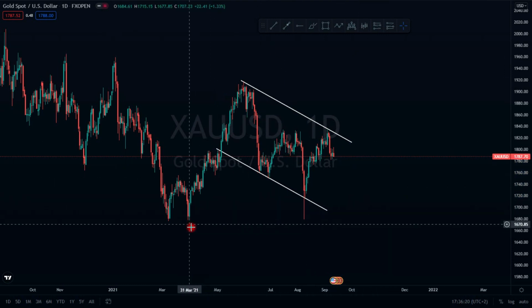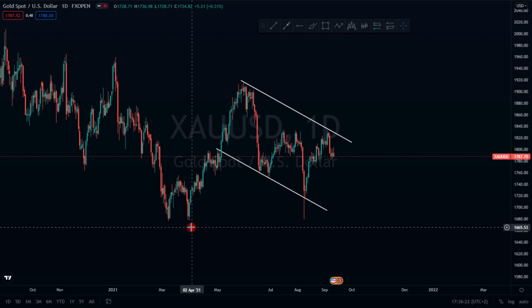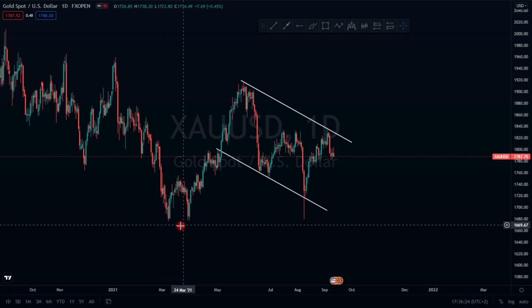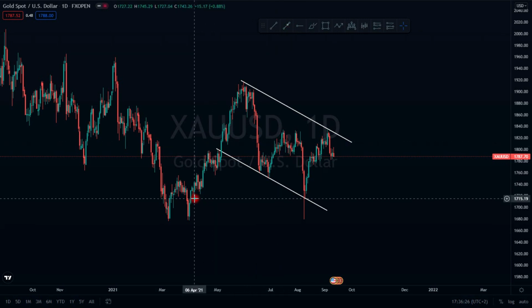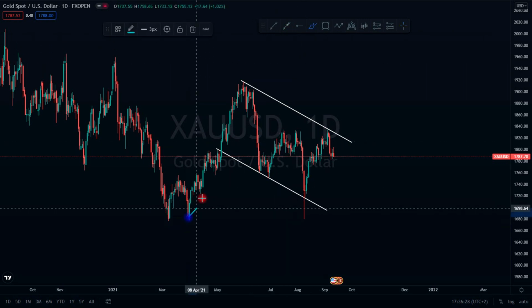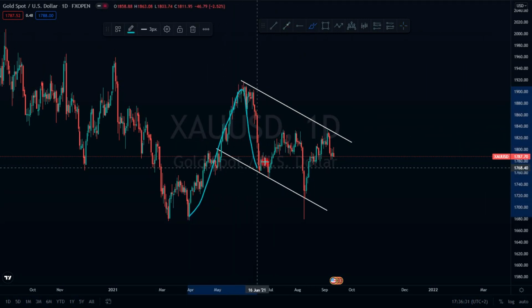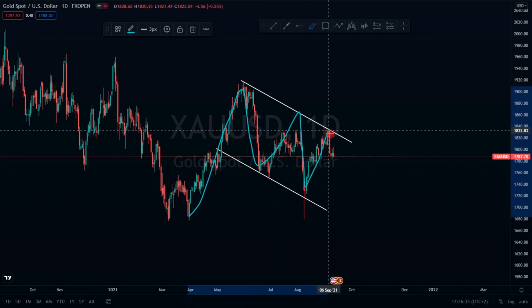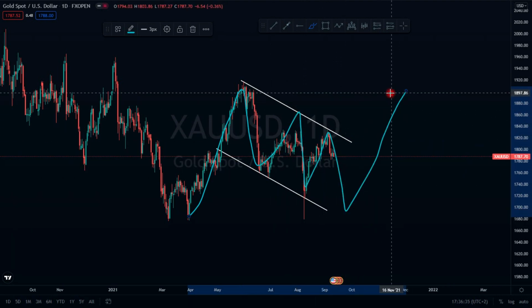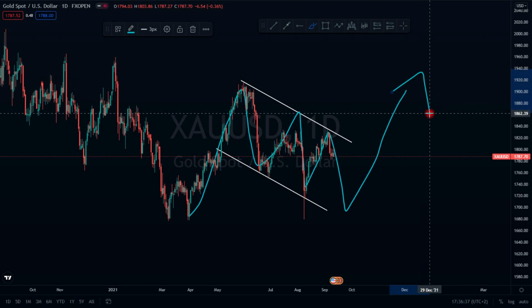Now back to what everyone knows, impulse, correction, impulse. That's what we are looking at right here. We can see that we had this impulse move to the upside. Now this is some sort of a correction, and we can anticipate further moves to the upside. But that's a future move that could happen in the next year, 2022.